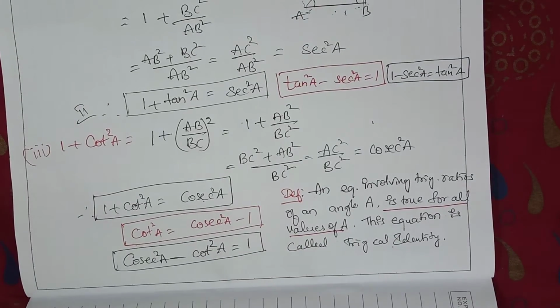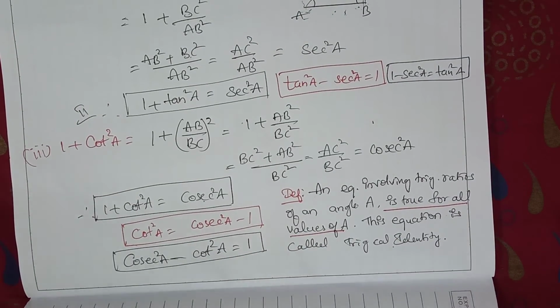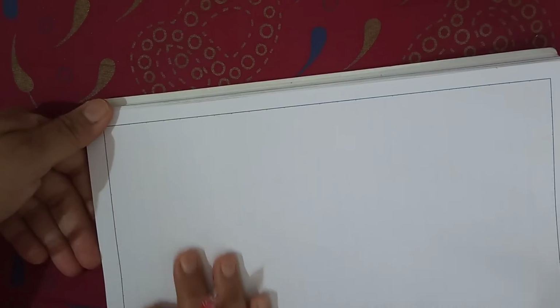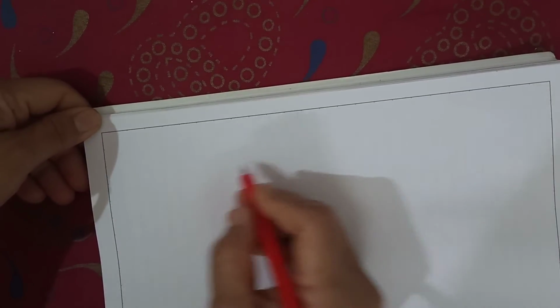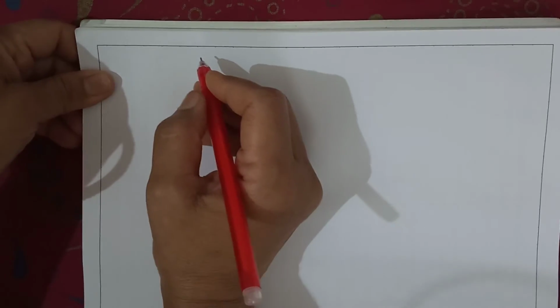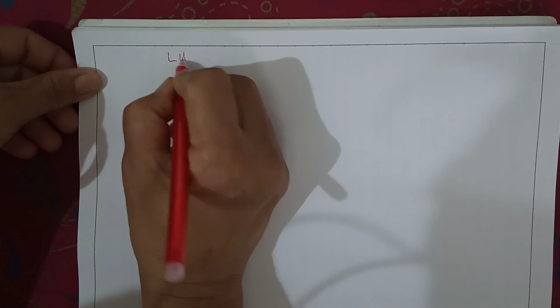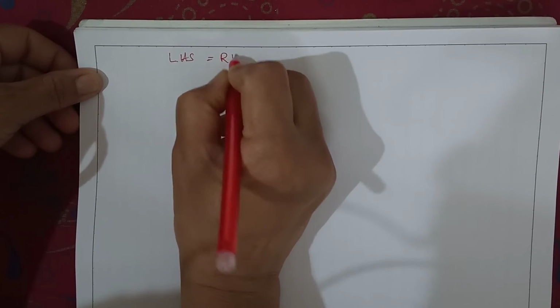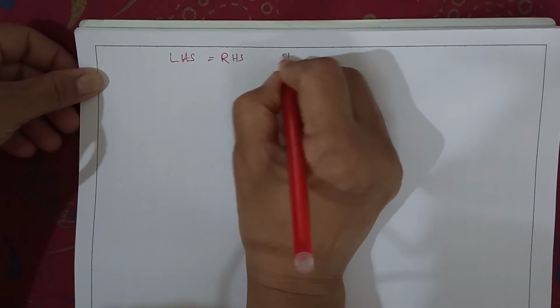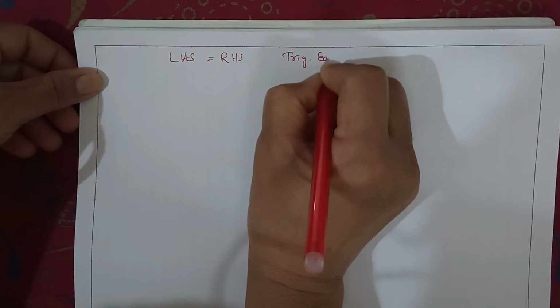This equation is called the trigonometrical identity. So what I mean to say is, for any kind of question there will be LHS and RHS for any kind of trigonometrical equations.